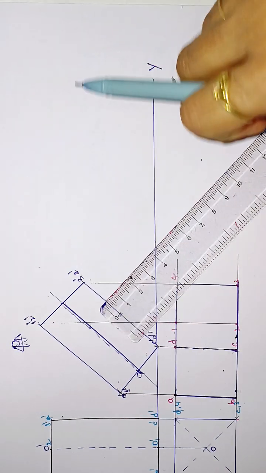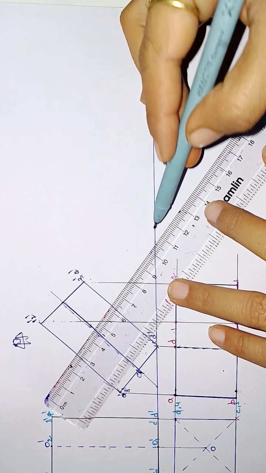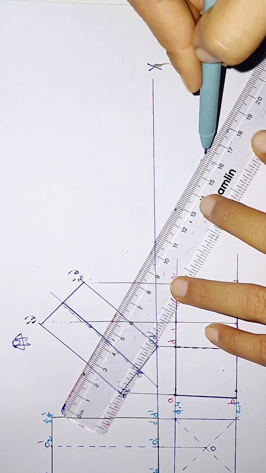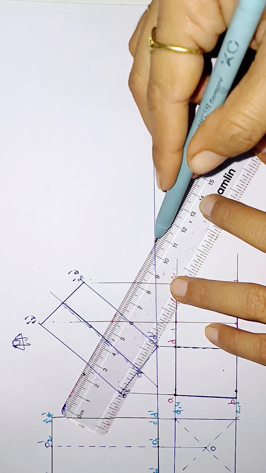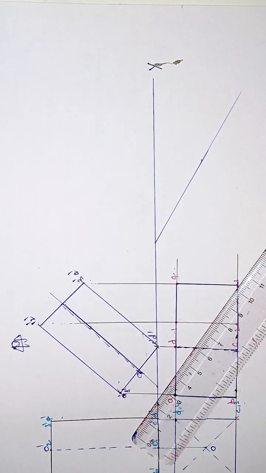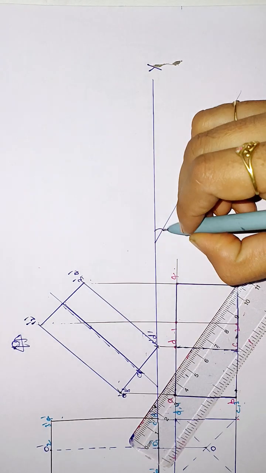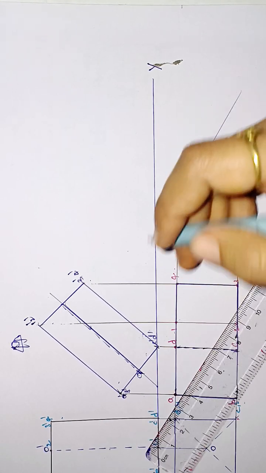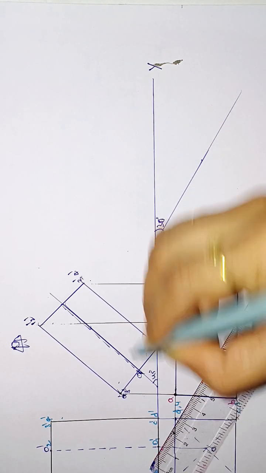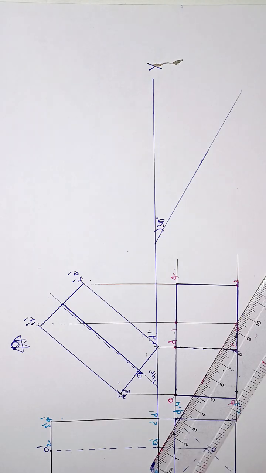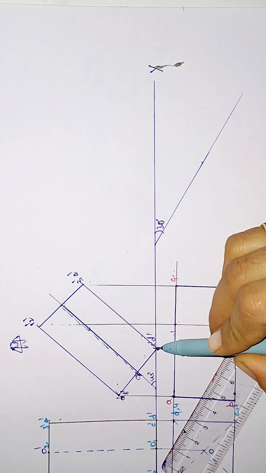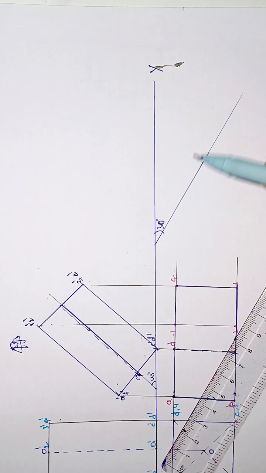And you have to draw a 30 degrees angle with the light line, up to some distance, and this is 30 degrees and this one is 45 degrees. And here the edge on the HP means definitely it comes on the downside.